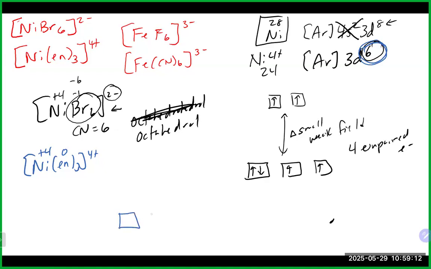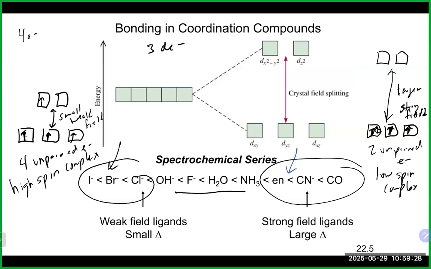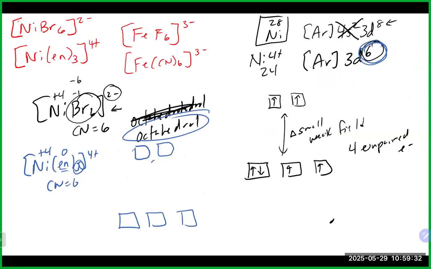So the coordination number here is 6, because en is bidentate, so 3 times 2 is 6. So it is also going to do our octahedral splitting. But when we look at en, it is closer to a strong field ligand. And because of that, this is going to be a large, strong field splitting.